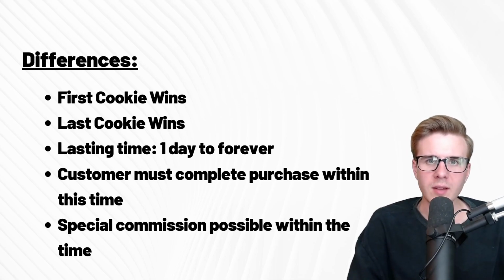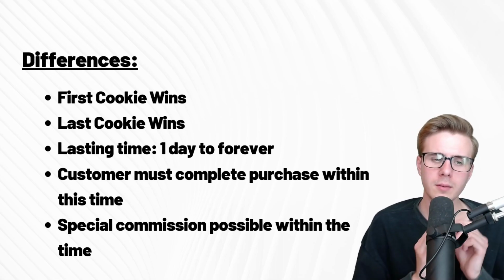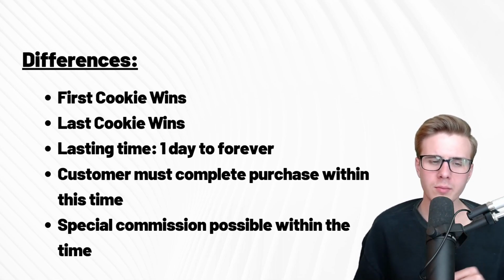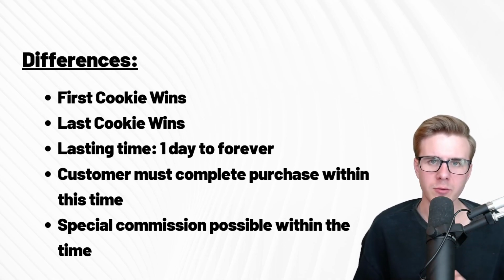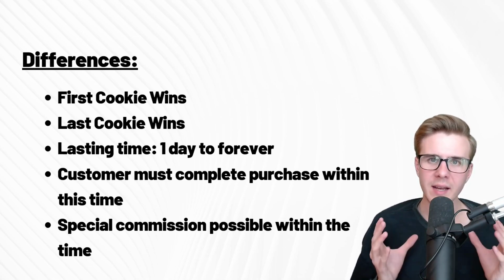The good thing about some programs is that there are sometimes special commissions within the time. For Amazon, I think at the moment there is 1 day of lasting time, which is not long, but you have the big benefit that you also get a mini piece of every purchase the person who clicked on your Amazon affiliate link makes within a day.